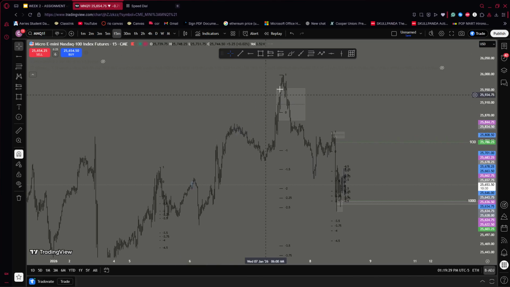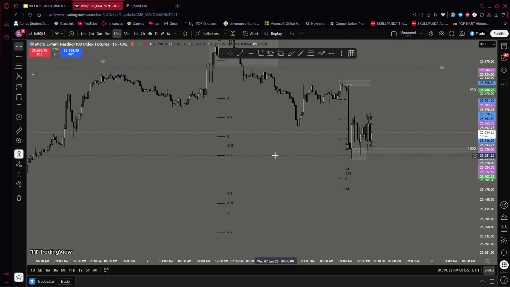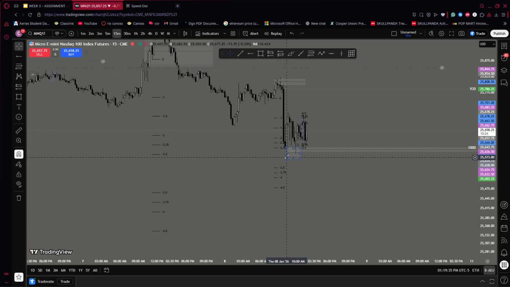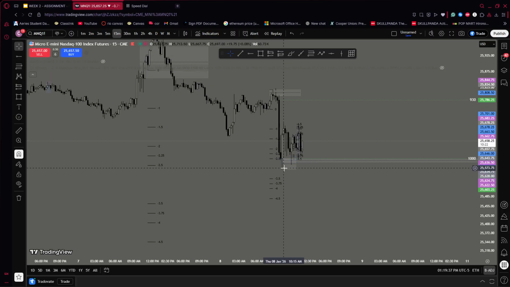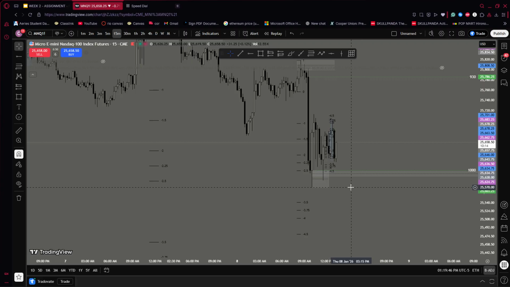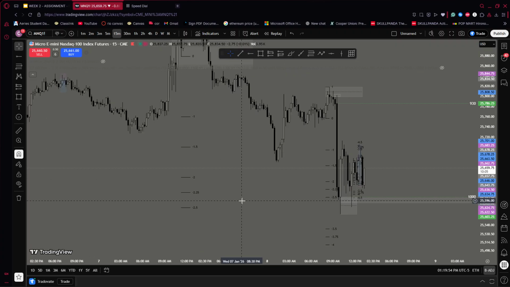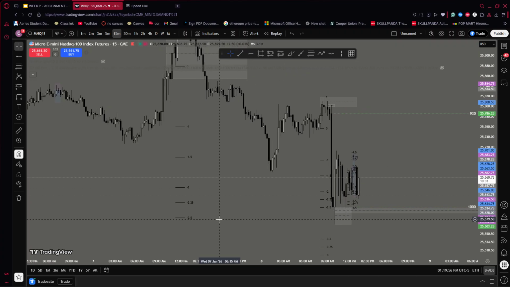Higher time frame, like the highest high we have currently, the 15-minute leg from the very most high, negative 2.5 right here. So that's why this rejection block was formed, and that's why we had this swing up right here. Everything in the market moves for a reason. You just might not always see it, or it might not be your strategy, but there is a reason. It's not random.